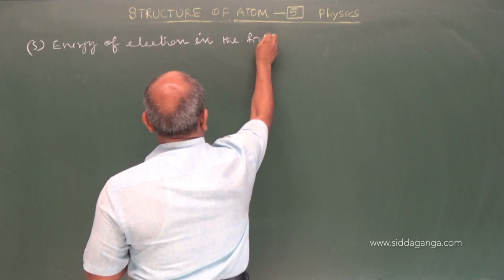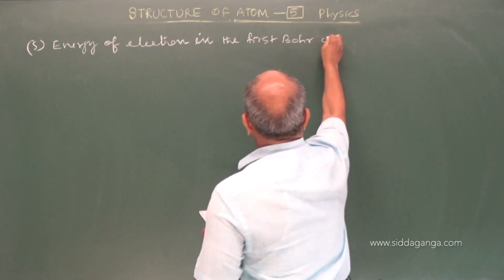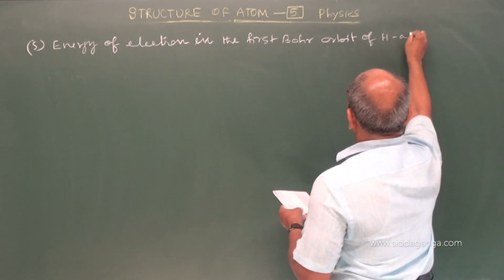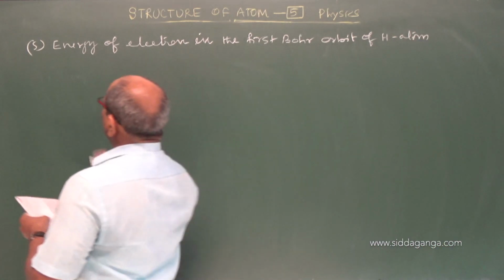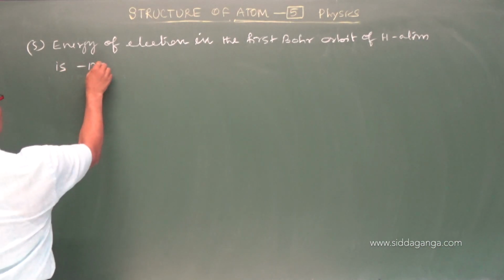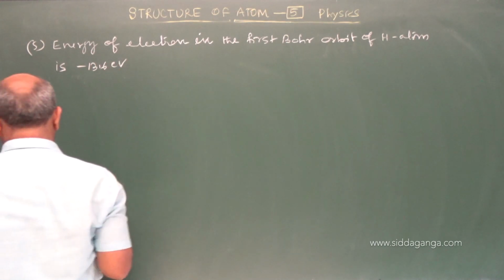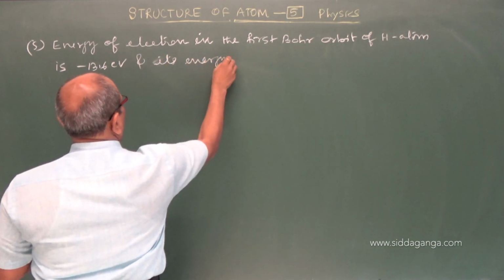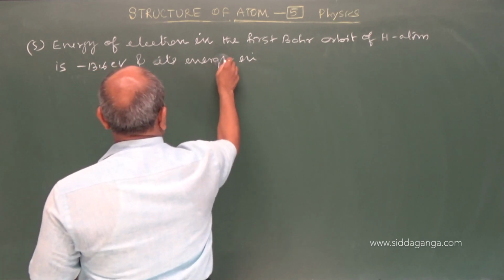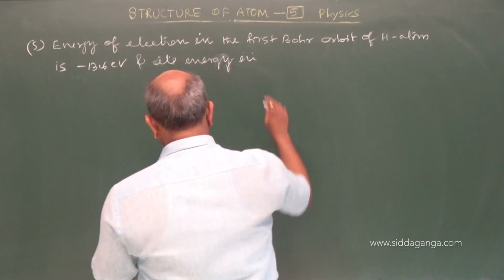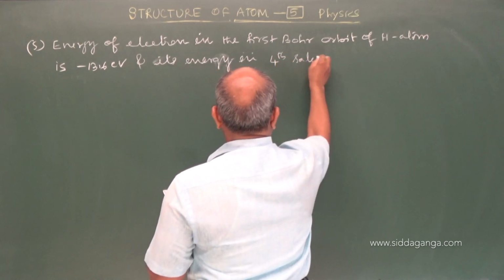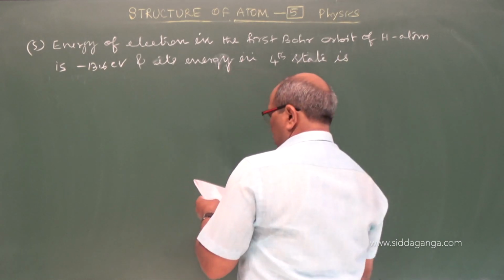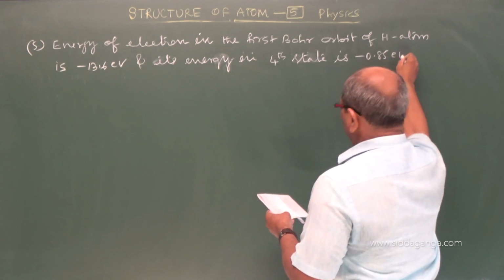The energy of the hydrogen atom in the first Bohr orbit is minus 13.6 eV, and its energy in the fourth state is minus 0.85 eV.